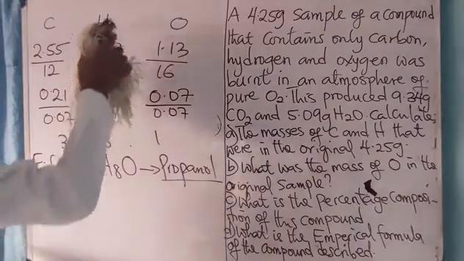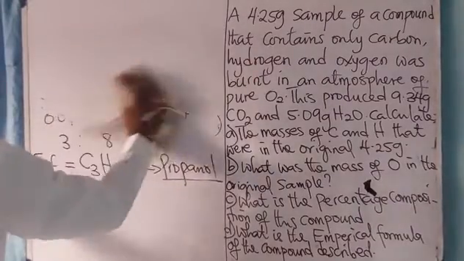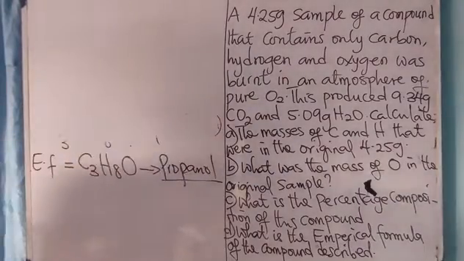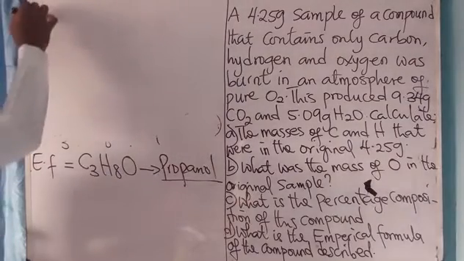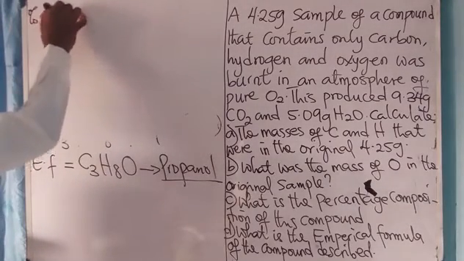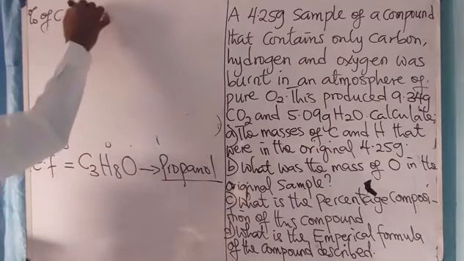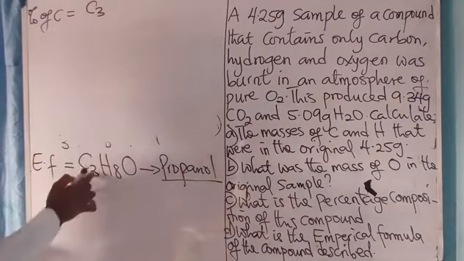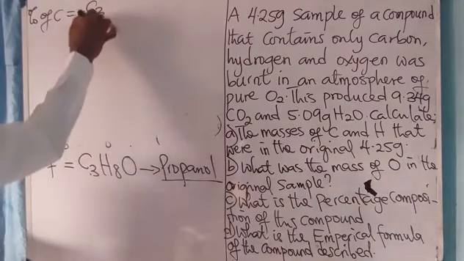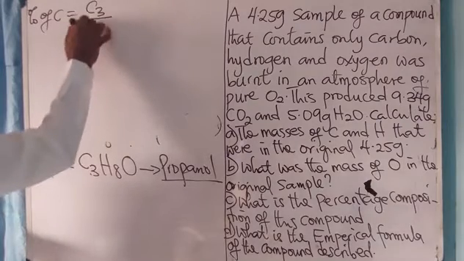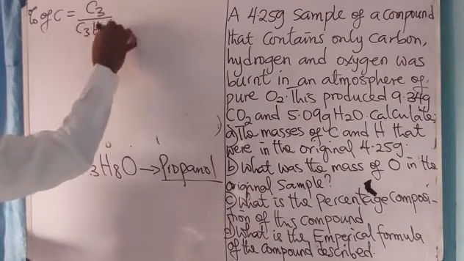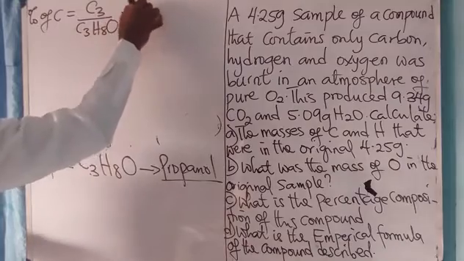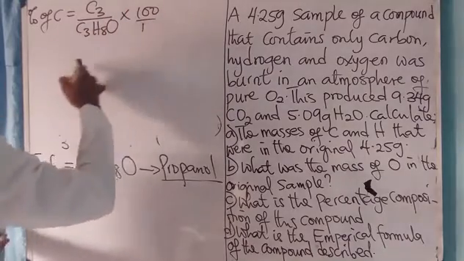Now, to look for the percentage composition of each element in this propanol, we do it like this. This is the last part. Percentage of carbon becomes C3 over the full compound C3H8O, times 100 over 1.